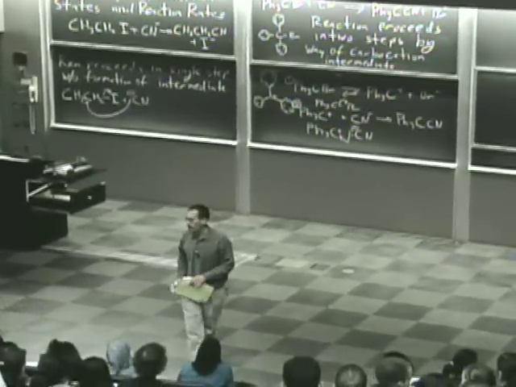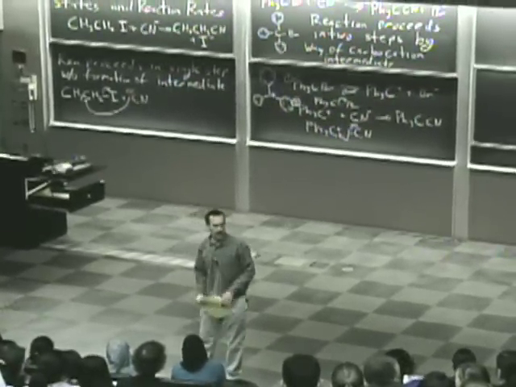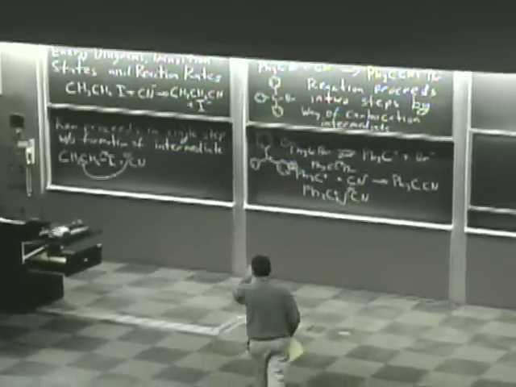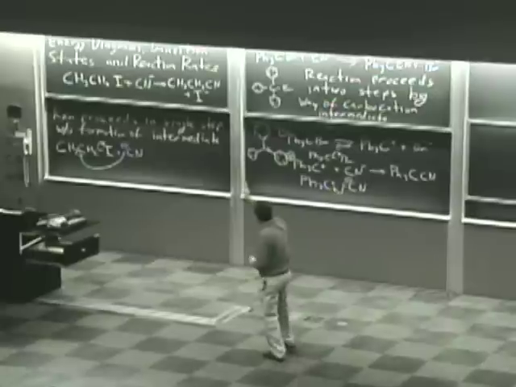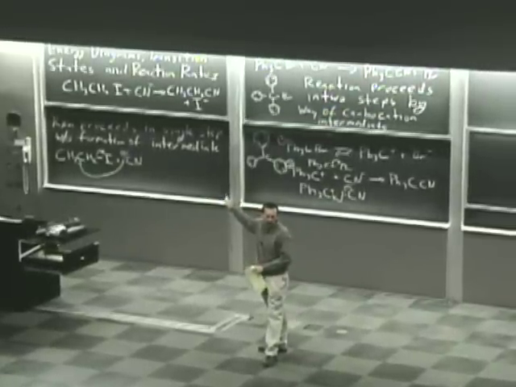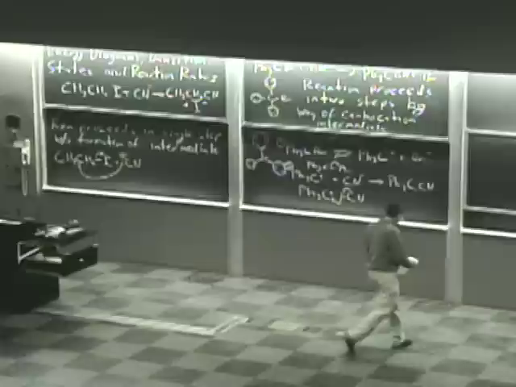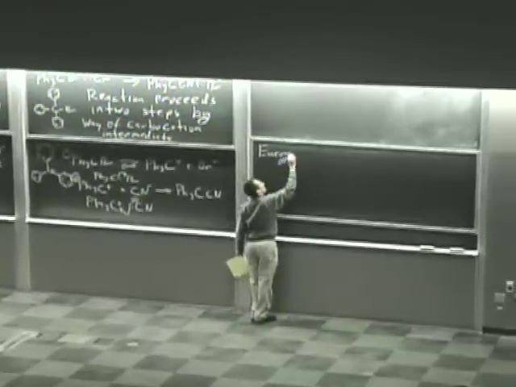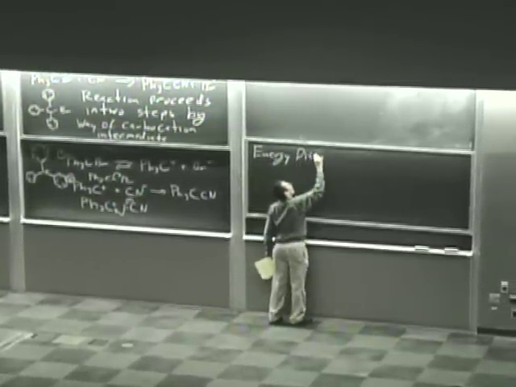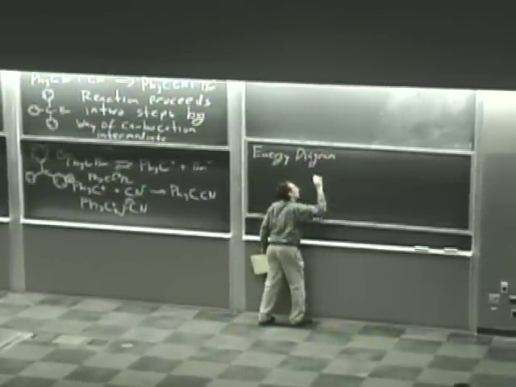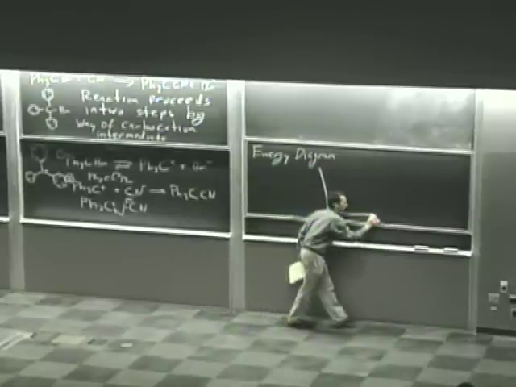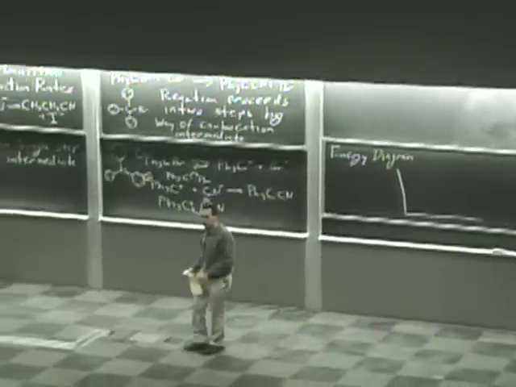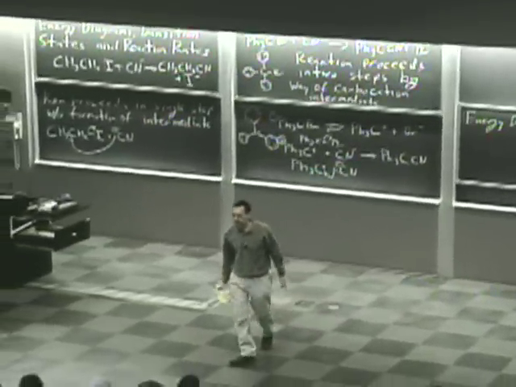So there are many levels of understanding and many different aspects that we can look at. Now let's take a look at an aspect of the first reaction. Let's see how we can diagram out how that reaction occurs and then contrast the second reaction. By the first reaction, I mean the iodoethane reaction. So in the case of the first reaction, we can write an energy diagram. And basically what this is trying to show is the energetics as the reaction proceeds.